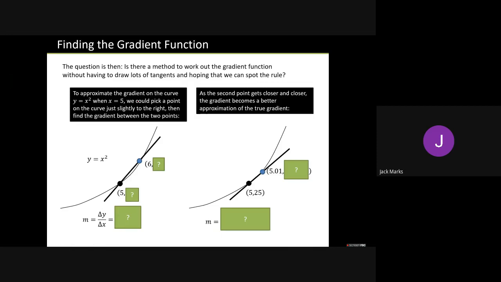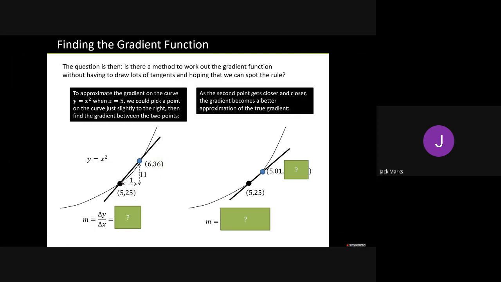So if we wanted to find the gradient, we might want to link it back to a straight line to start with. When we had a straight line, one thing that we could do is look at the values and draw a small right angle triangle. This is x squared. So if you put x equals 5 in, you get 25. And if you put 6 in, you get 36. And you could draw a triangle from this.